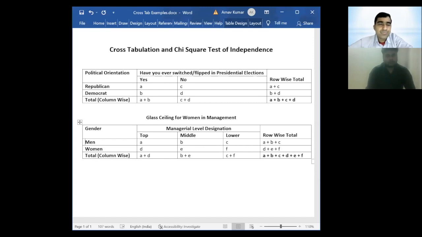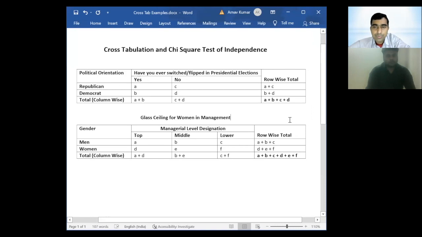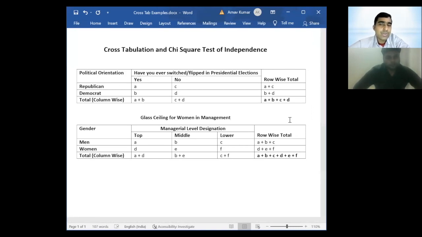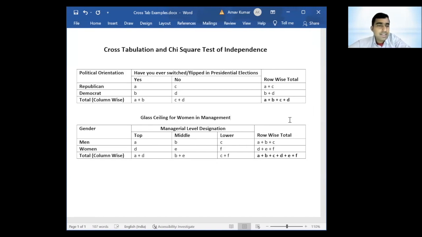You know that in India we have major groups of political parties. You also know that in the USA we have two major groups, the Republicans and the Democrats. Suppose we want to find out which party's voters are more prone to switching or flipping in the most important elections, the presidential elections.